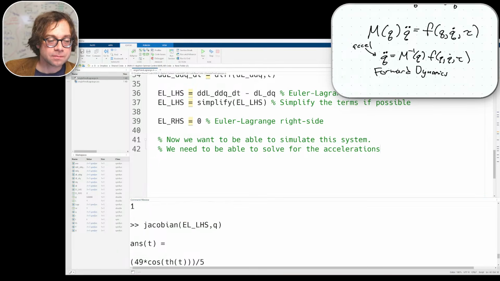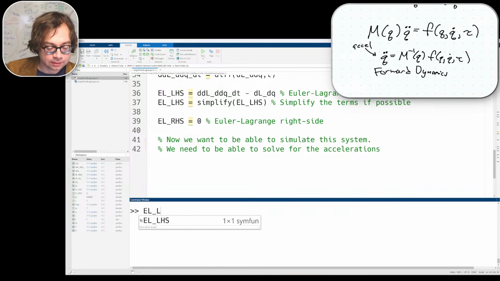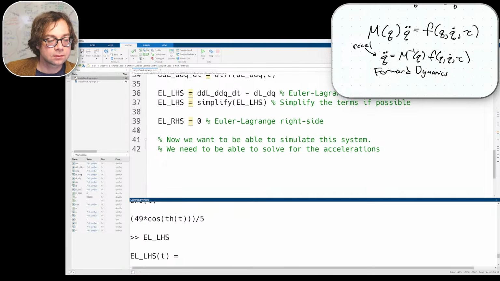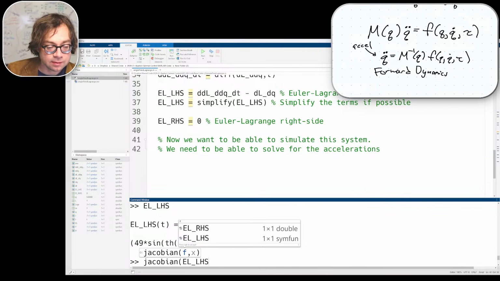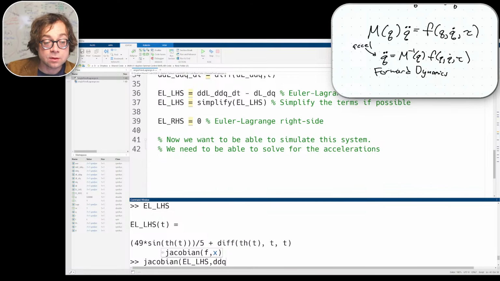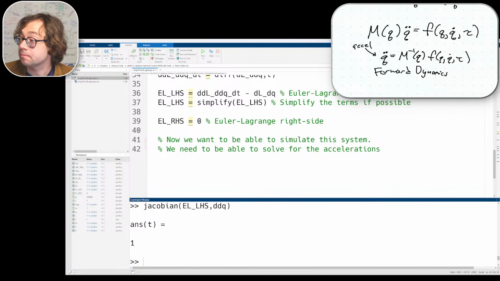All right. So if we look at the EL left-hand side, here's our theta double dot. What's the coefficient in front of that? 1. So if I do the Jacobian of the EL left-hand side with respect to ddq, 1. Okay? Guess what that is, my friends? That, my friends, is your mass matrix here.